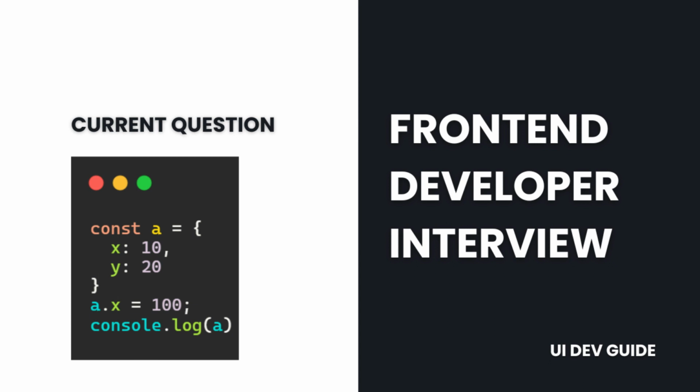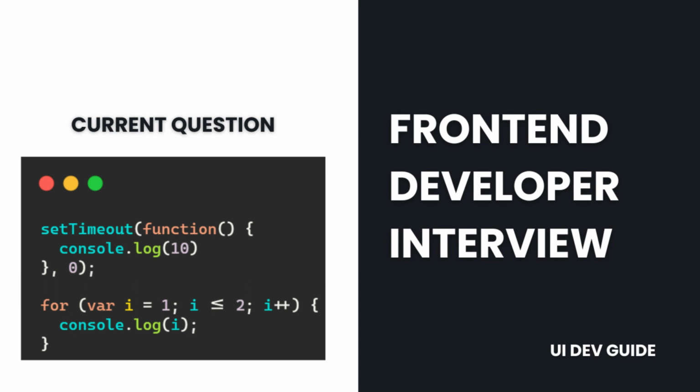Okay, I'm pasting some small code again. Function console dot log of 10. First the for loop will be executing.